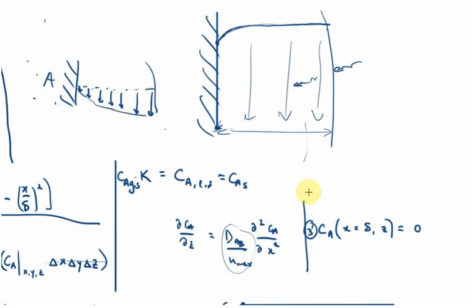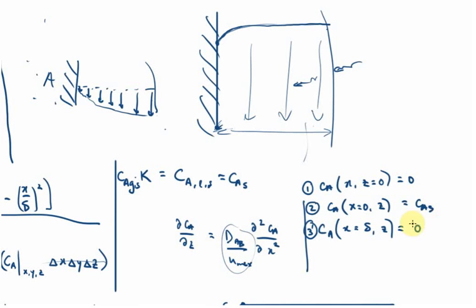Right, the first two are the same. So C_A at x for z equals 0 equals 0. And when x equals 0 for all z, we have C_AS.